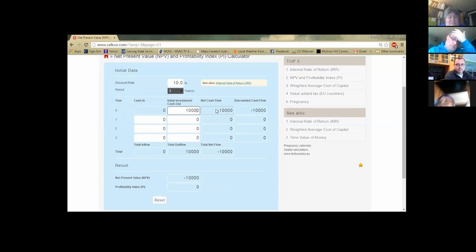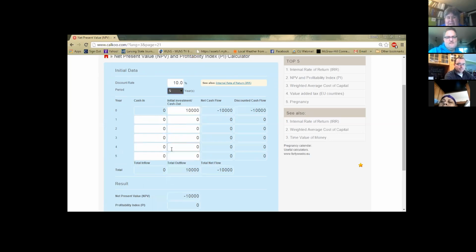It knows that most people don't remember to make it negative, so it put it in there to help people out. But then people like you who knew to put it in as negative, it's doing worse things for you. This was set up very much like the one we just looked at, the 10% rate of return. You can put in the number of periods, so we can do the 5. And there's no cash going out in these other years, but there's cash coming in.